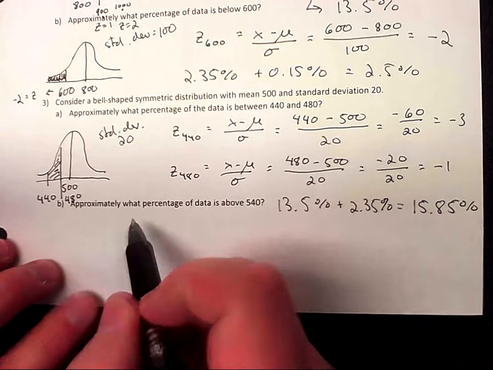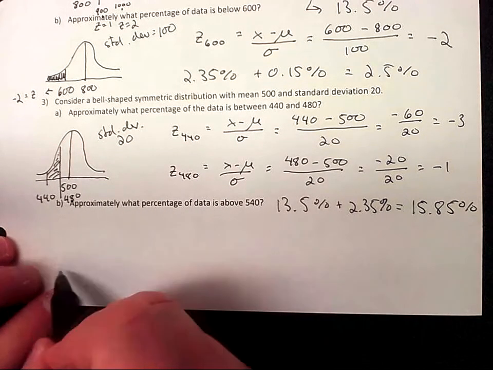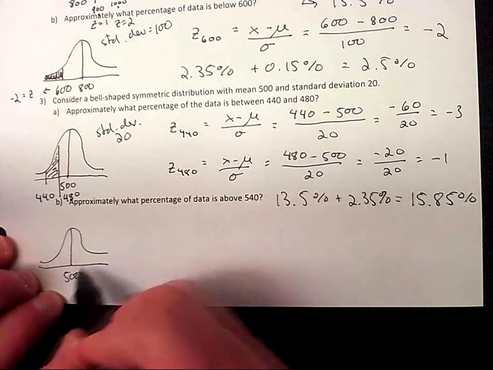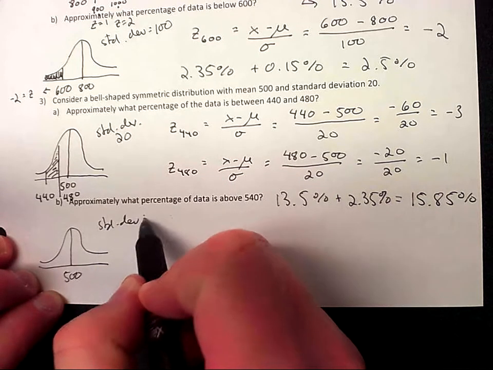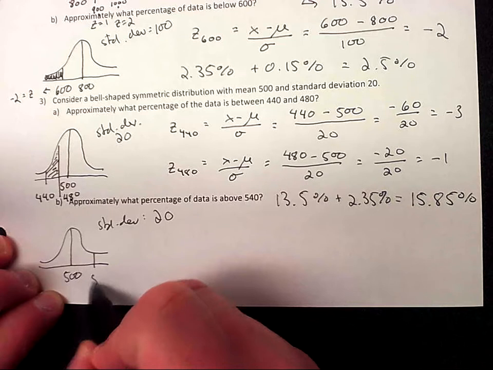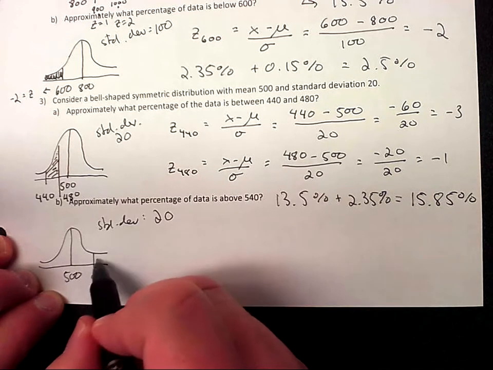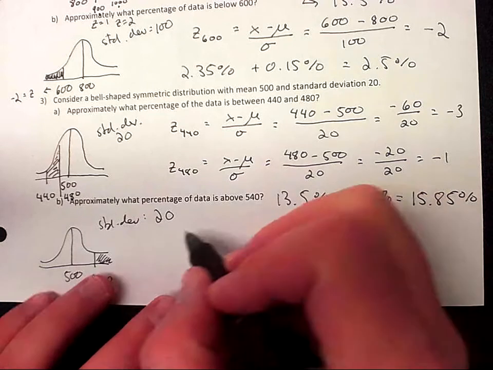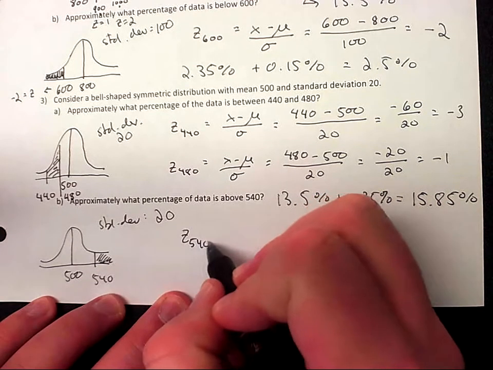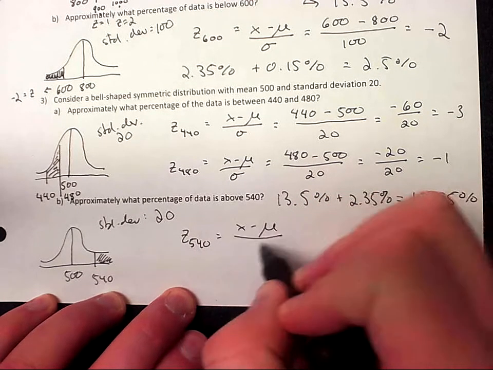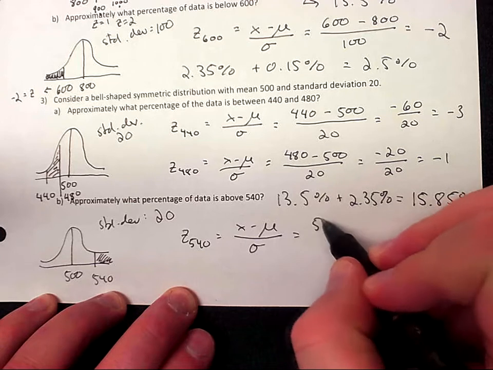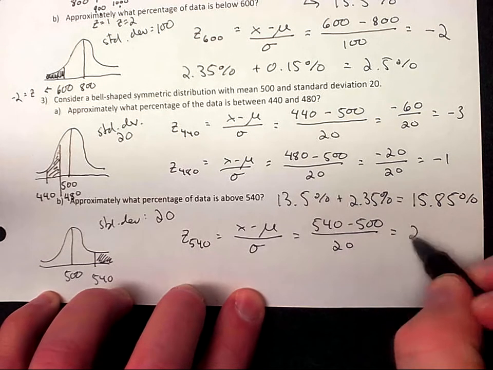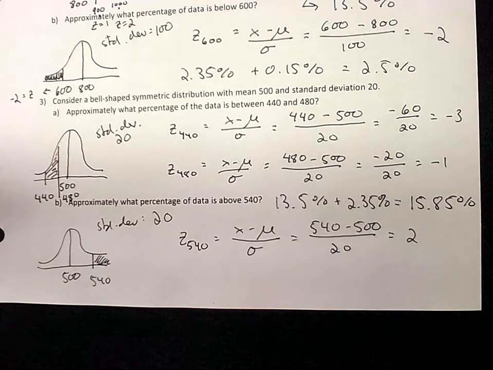All right. Then for B, we have approximately what percentage of the data is above 540. So again, here we have 500. Standard deviation is 20. We're going to go up to 540. Saying above 540, so now we're looking at that shaded region right here. We're going to find the z value of 540, which is x minus mu over sigma, equal to 540 minus 500 divided by 20, which is going to give us a positive 2.